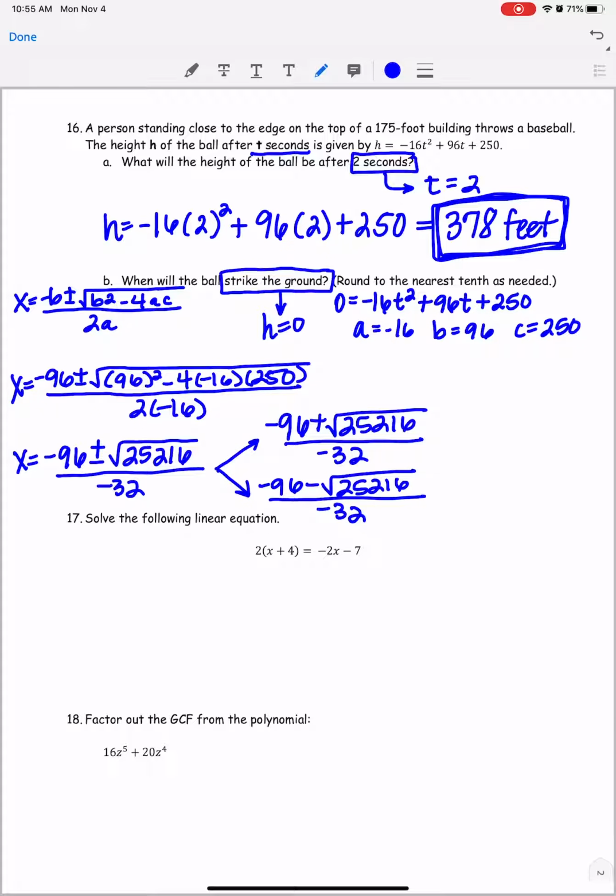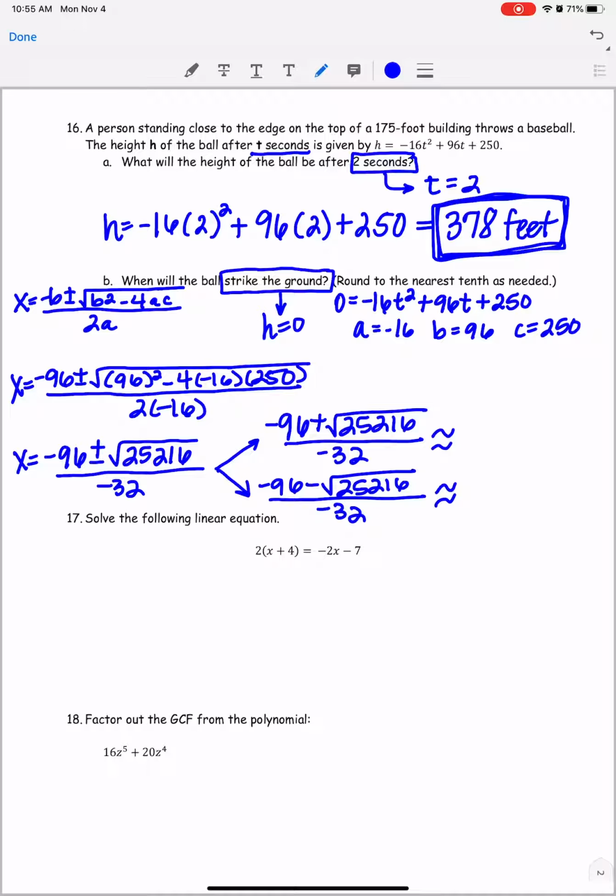When you put this in the calculator, you're doing the top first, hitting enter, and then dividing by that negative 32. So we get negative 96 plus the square root of 25,216, hit enter. You're going to get 62.79 and some other junk.